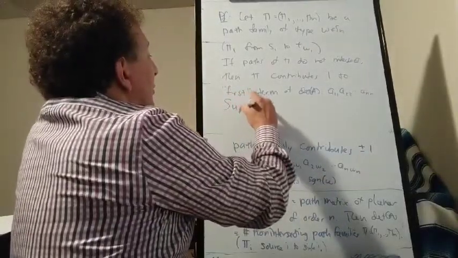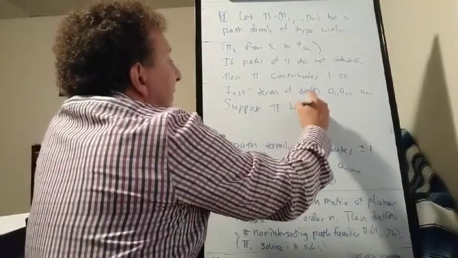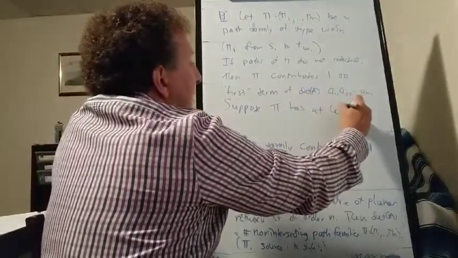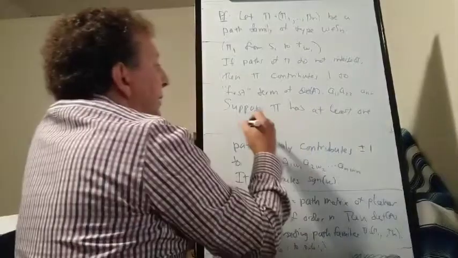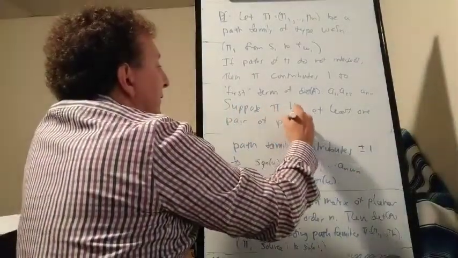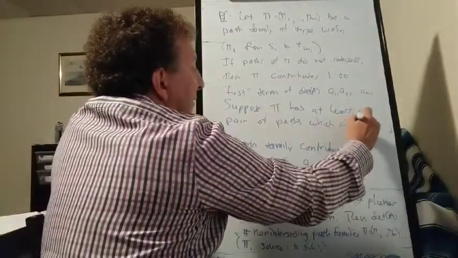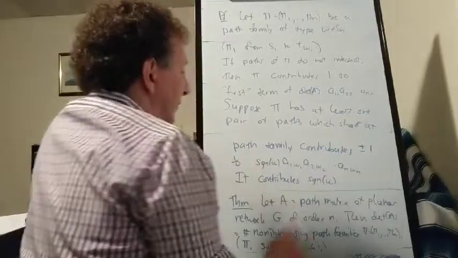So let's suppose pi has at least one pair of paths which share at least one vertex.